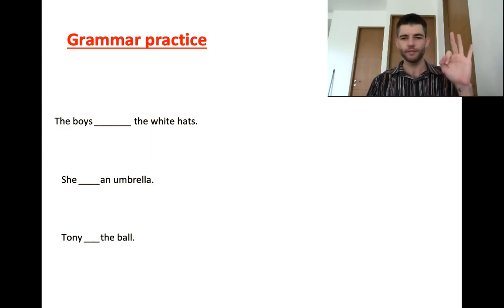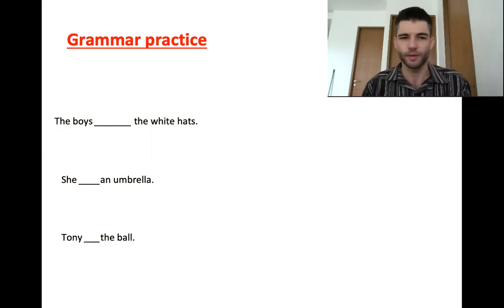So I have these three examples for us to practice, and I do have the answers, they'll be next, but it would be good if you could pause the video and first try to answer them by yourself before you see the answers. So right now, pause the video and look at the sentences and try to do them yourselves and then compare the answers. Okay? Good. So let's go.